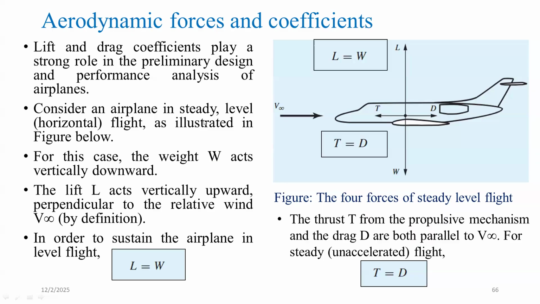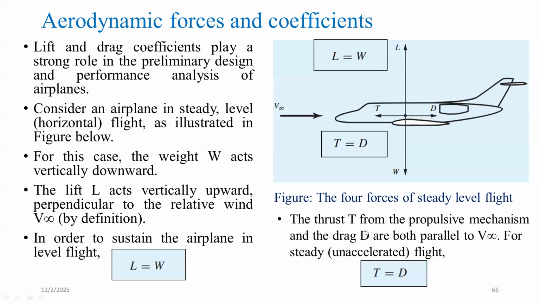Steady means constant velocity, level means constant altitude, which is illustrated here. For this case, the weight acts vertically downward and the lift acts vertically upward, in opposite directions. In order to sustain level flight, lift equals weight.